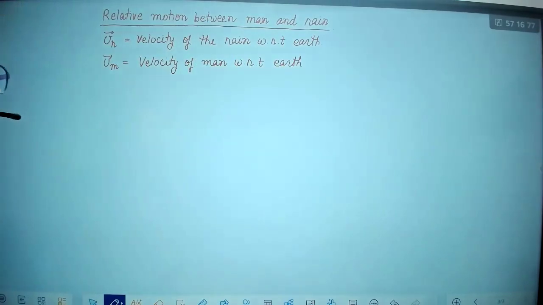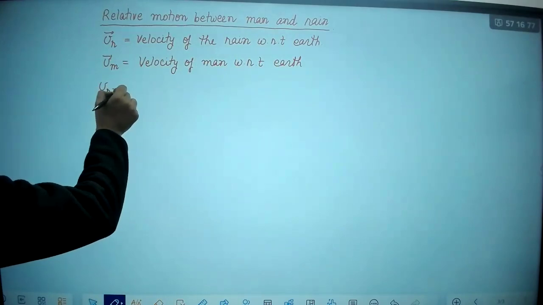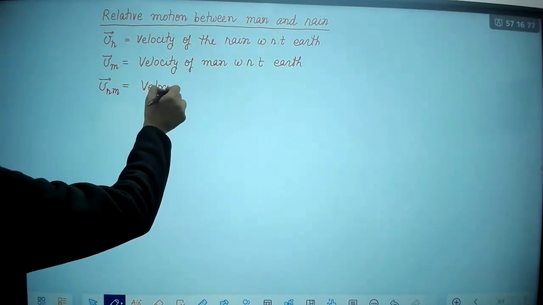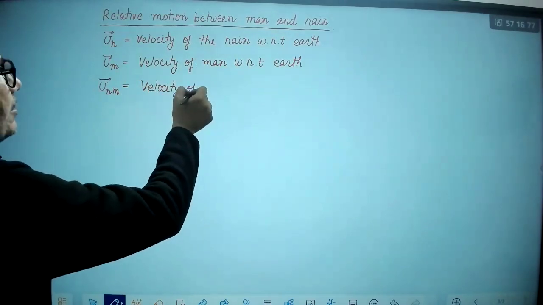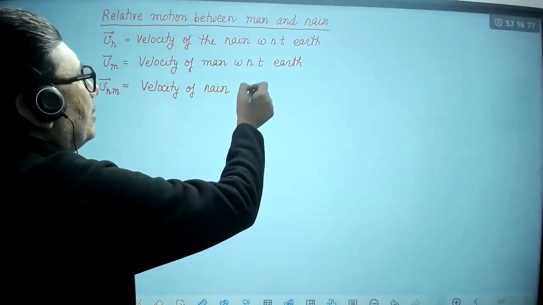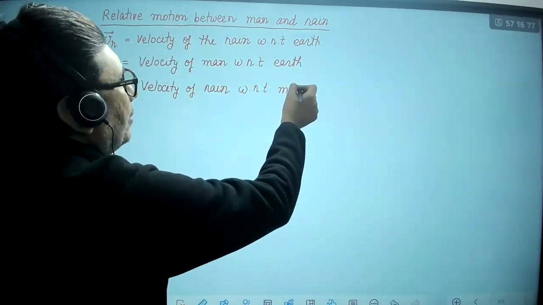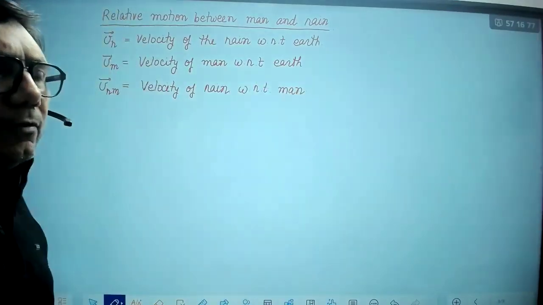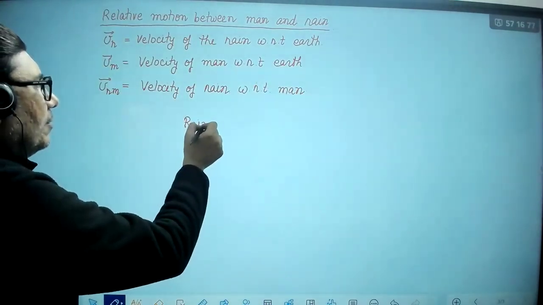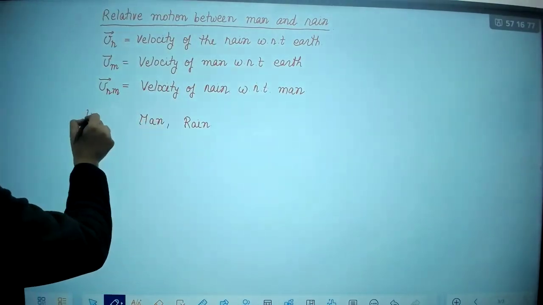And third, velocity of rain with respect to man. So here three bodies are involved. Which three? One is rain, man, and earth.